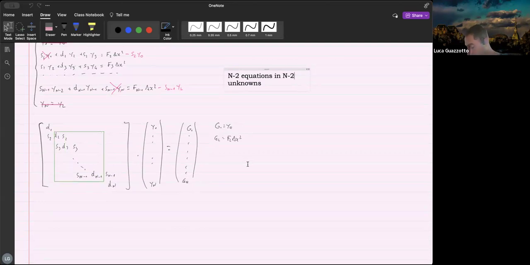And I'm moving the Sn minus 1 pieces, those two pieces, to the right hand side. I think that's about it.